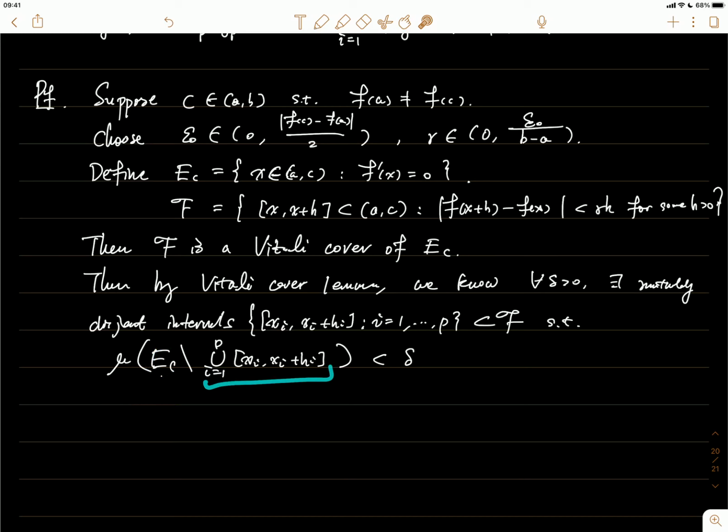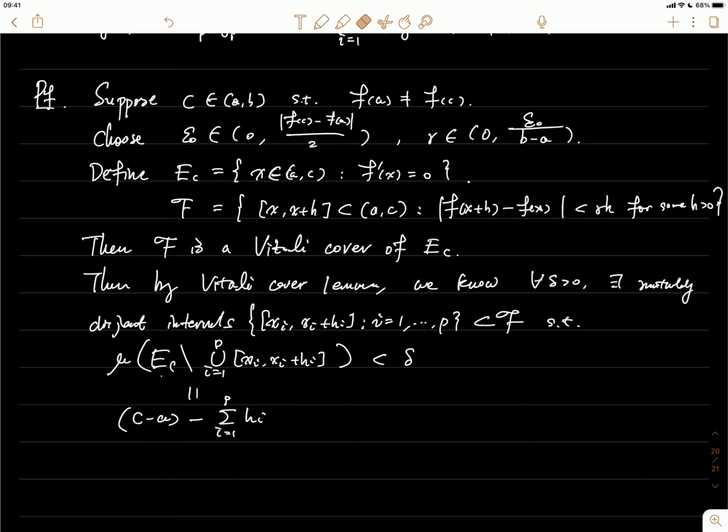And these are all disjoint, and they're all in this interval. So actually, this left-hand side is nothing but C minus A minus the sum of h_i, i from 1 to p. Okay, so that's what the left-hand side actually is.